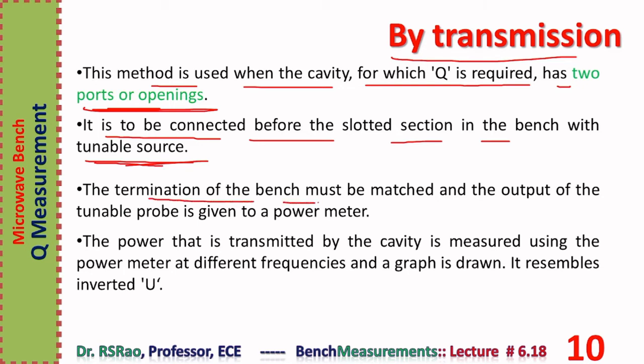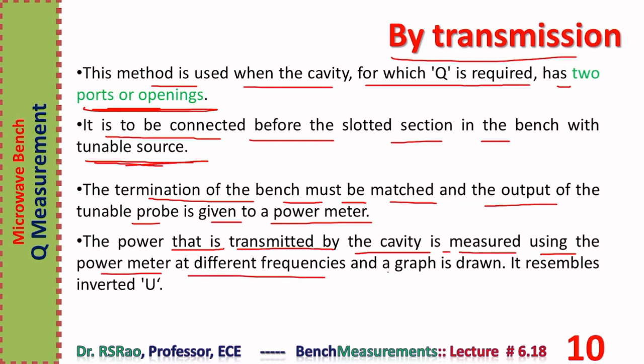The termination of the bench must be matched and the output of the tunable probe is given to a power meter. The power that is transmitted by the cavity is measured using the power meter at different frequencies and a graph is drawn. It resembles an inverted U.